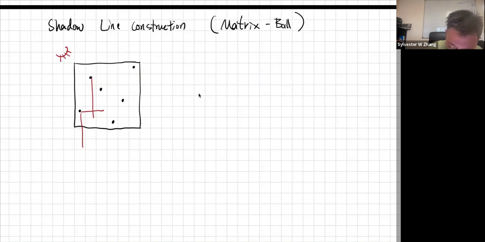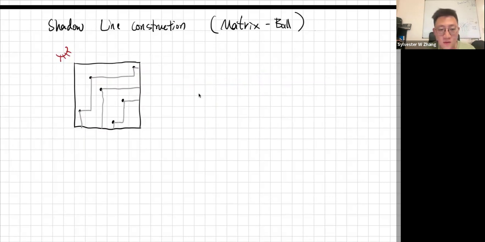So that's a shadow line. Here's another shadow line. Here's another shadow line. Okay, and then we're going to remember the indexes of these shadow lines from the bottom and right boundary.